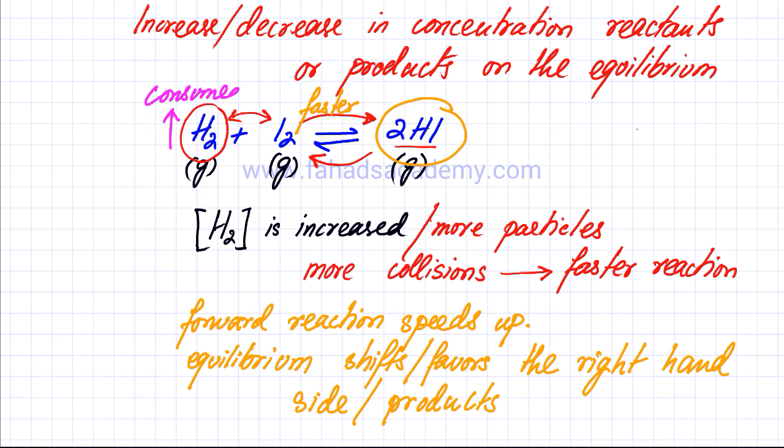How is the equilibrium doing the opposite? It's trying to decrease the concentration of H2 back again by favoring the forward reaction. More HI is produced, the faster H2 would be consumed. So if I increase the concentration of H2, the equilibrium does the opposite. It tries to decrease the concentration of H2.